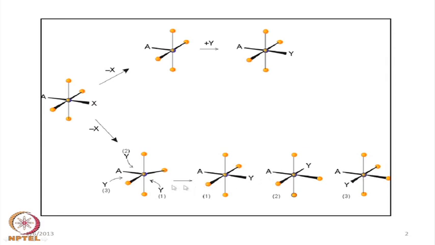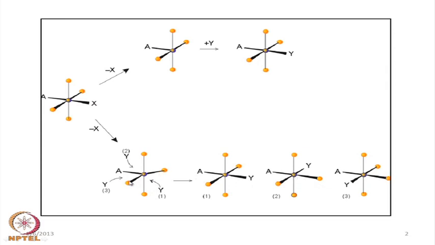So, depending upon the steric crowding, the size of this A and its electronic nature, which we are considering as the spectator ligand, we get both the trans configuration as well as the cis configuration.